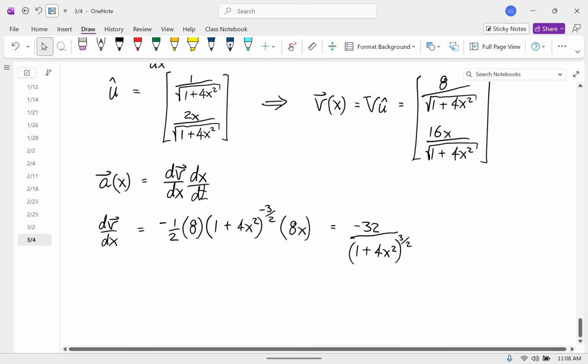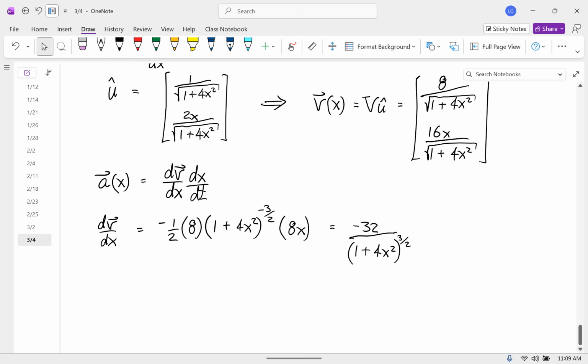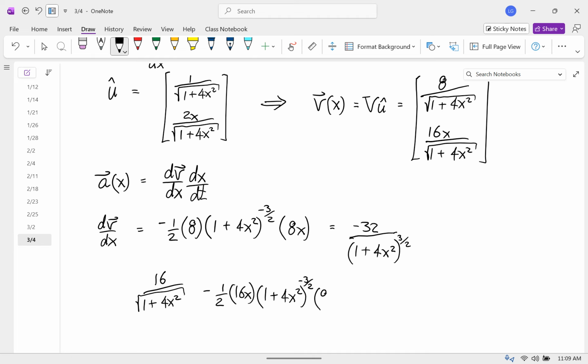The next one is going to be pretty ugly. So we have 16 over the square root of 1 plus 4x squared, minus 1/2 times 16x times 1 plus 4x squared to the negative 3/2 times 8x.